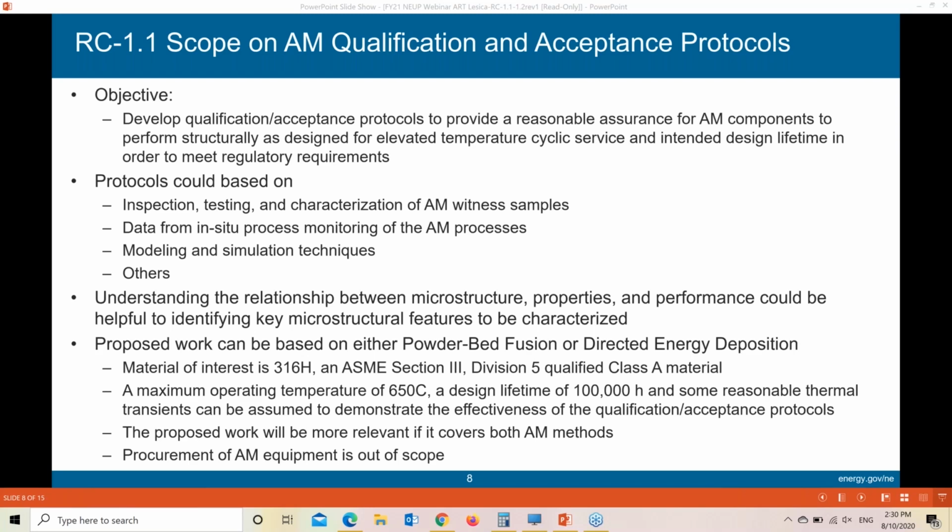I think the acceptance protocol will involve testing, characterizations, and also additional mechanical property testing to help you understand what needs to be looked at, so that is all within the scope. And in terms of modeling and simulation, yes, that could foreseeably be one of the players.